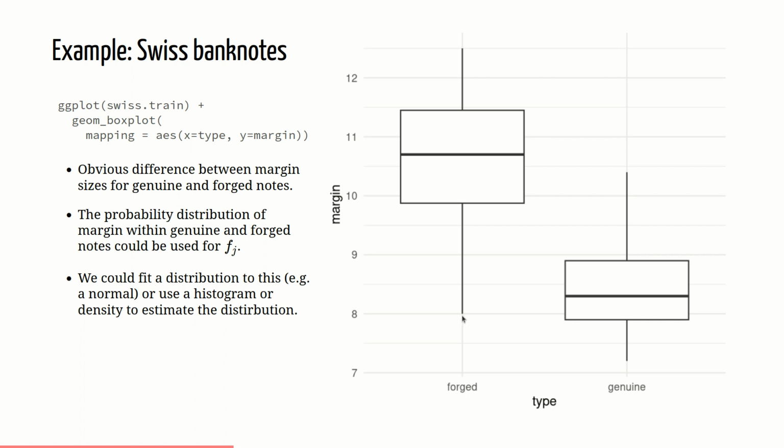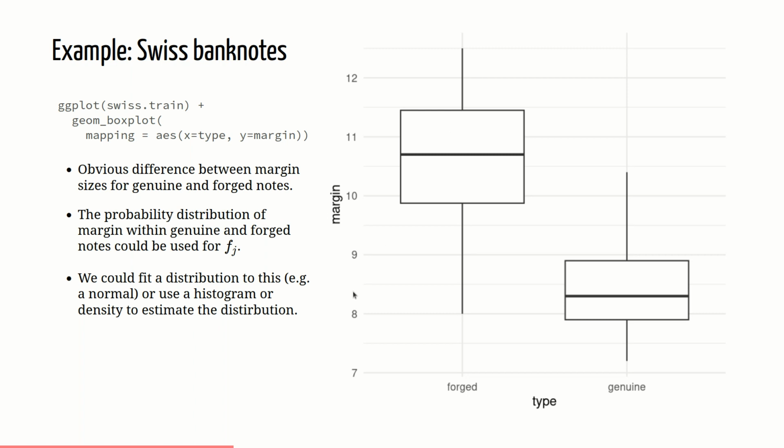So potentially it could be forged, but it's an extreme forged note, but it's a typical genuine note. So you would be more likely to assign it to be genuine than forged, right? Similarly, if your margin was, say, 11 millimeters, then that's outside what we've seen for genuine notes, whereas it's typical for forged notes. So that note would typically be assigned as forged.